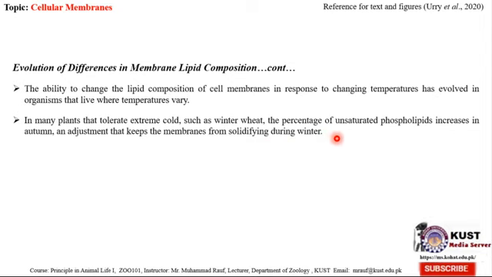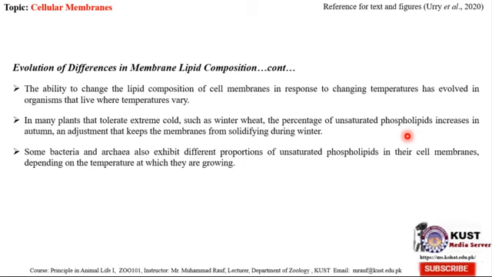So as the winter season is around the corner, the membranes are supplied with unsaturated phospholipids, so that upon the arrival of the winter season, the fluidity of membranes is maintained at a proper level. Some bacteria and archaea also exhibit different proportions of unsaturated phospholipids in their cell membranes depending on the temperature at which they are growing.